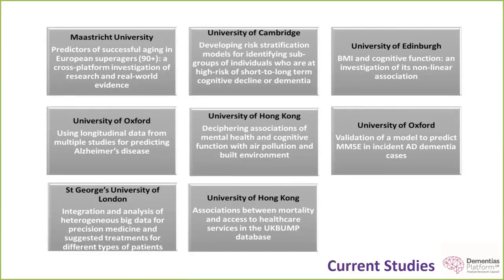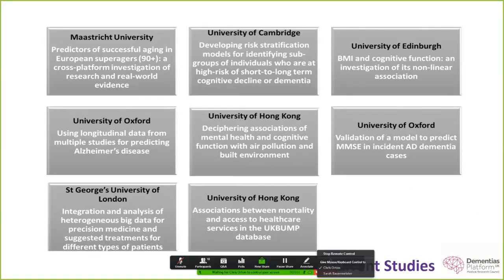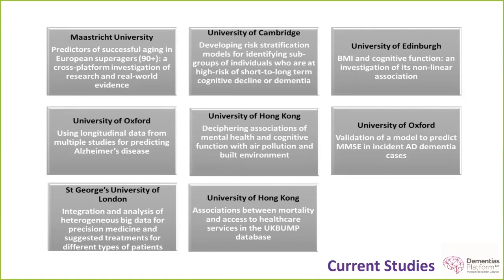You can see that we've already got applications from Hong Kong, from Europe, and from the United Kingdom. The diversity of these applications is not always exactly dementia focused, but we have various types of applications that have gone through the portal, and you can see that often these are collaborative projects.